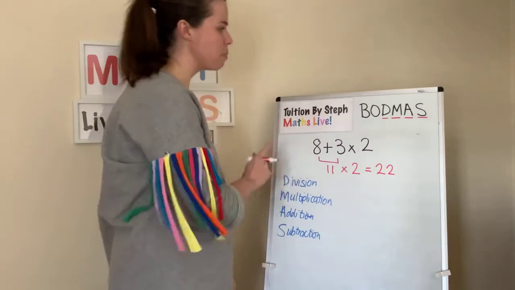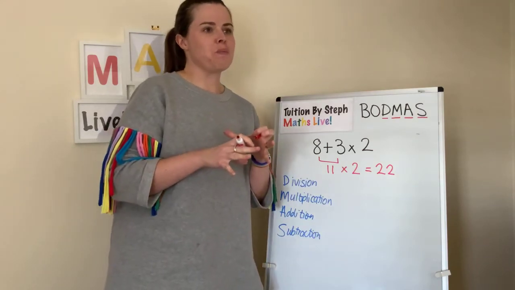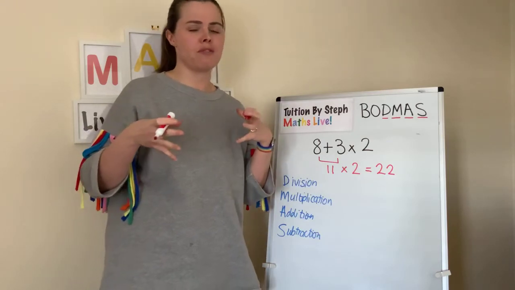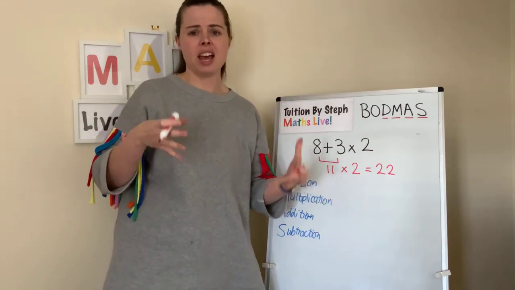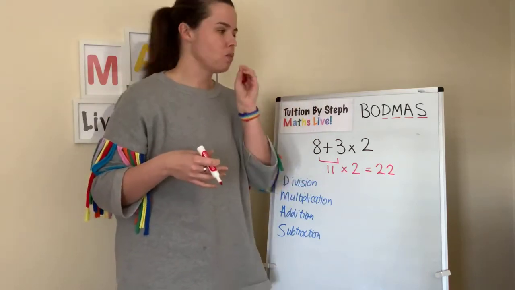But this is where BODMAS is different. We need to learn that in the scientific mathematical world there are rules to follow. We know that from different mathematical topics and science. And this is one of those rules. BODMAS is rules.